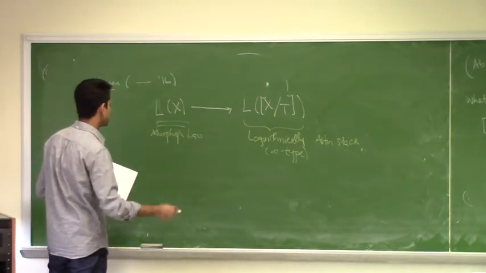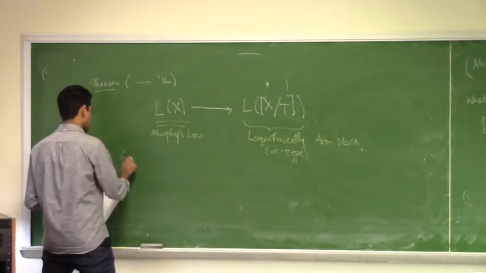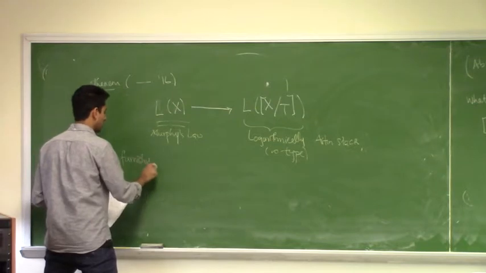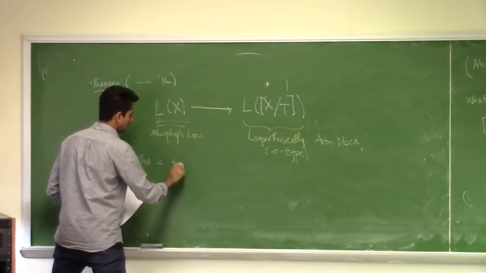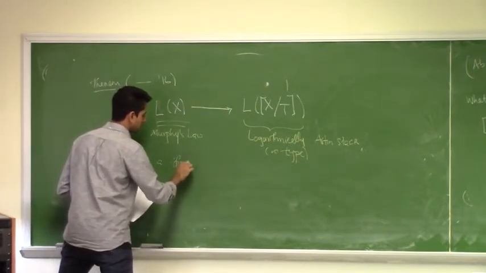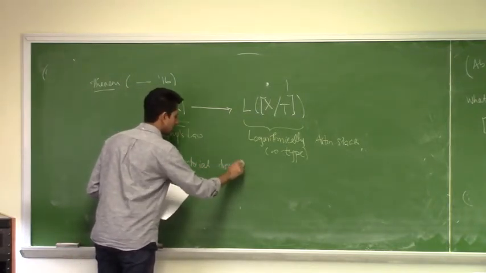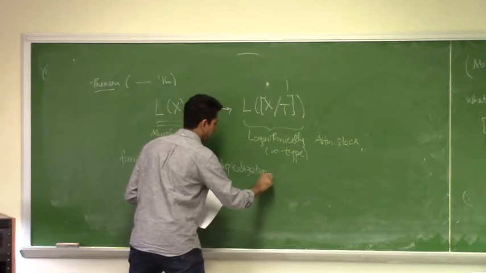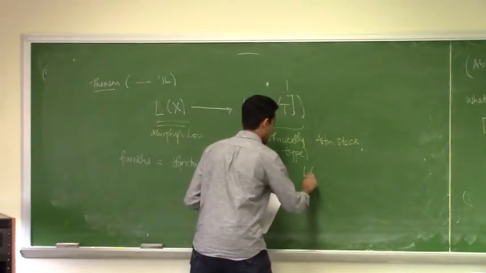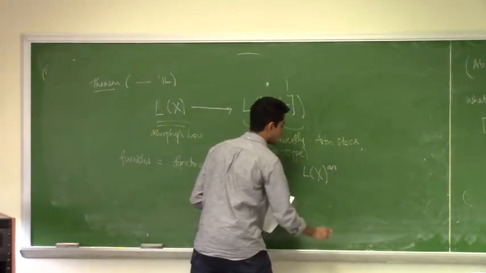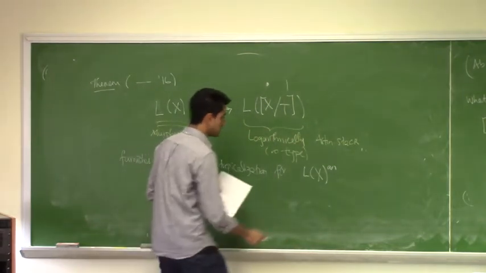So this furnishes a combinatorial tropicalization for L of x analytic, meaning a sort of projection to the skeleton.